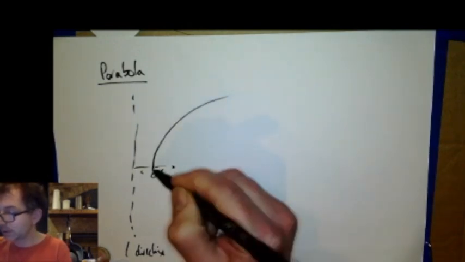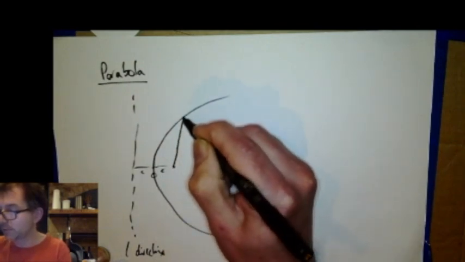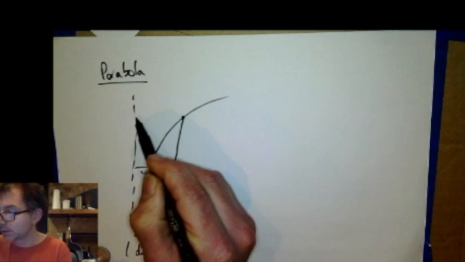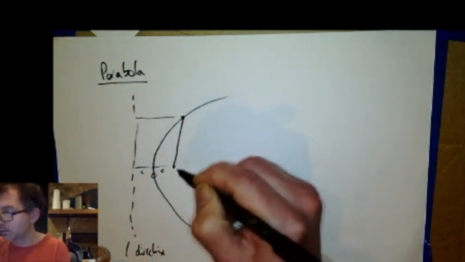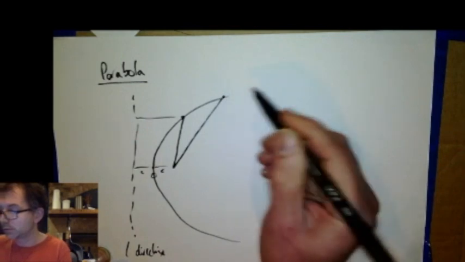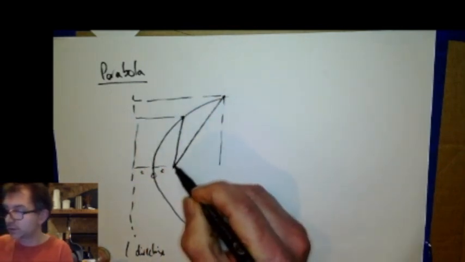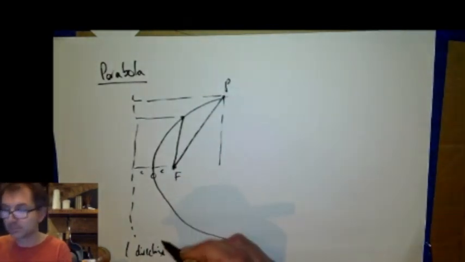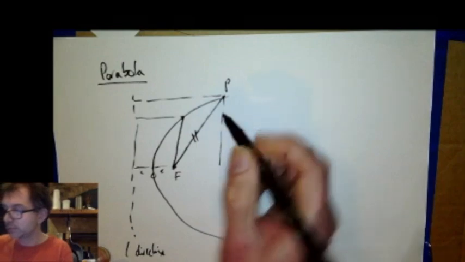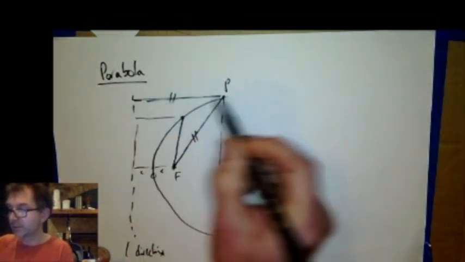And how do I get a parabola? Well, it'll end up looking like this if I make the following definition. So I want the distance from the focal point to my point on the parabola to be the same as the distance to the directrix.